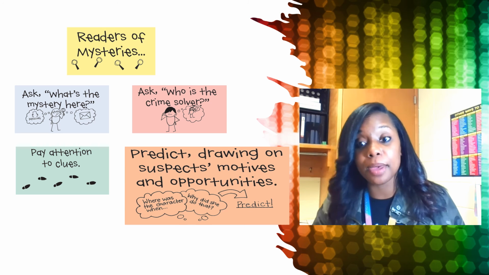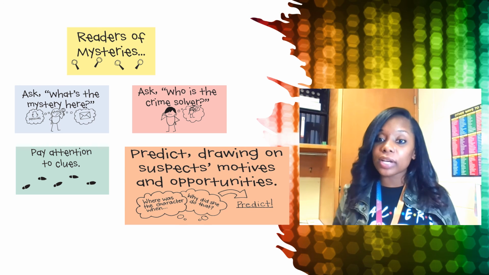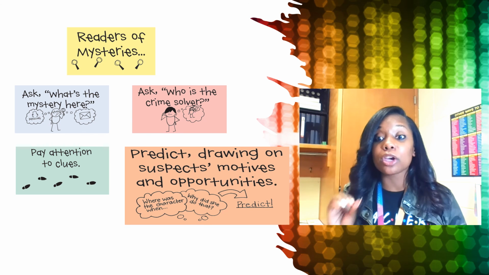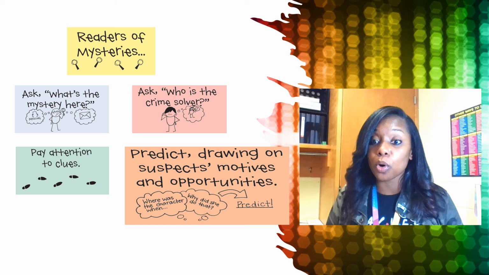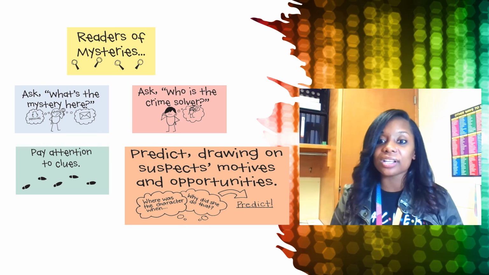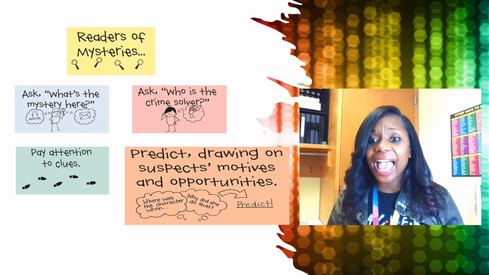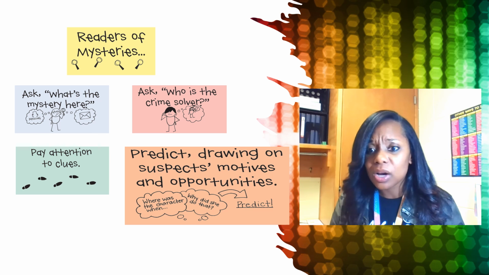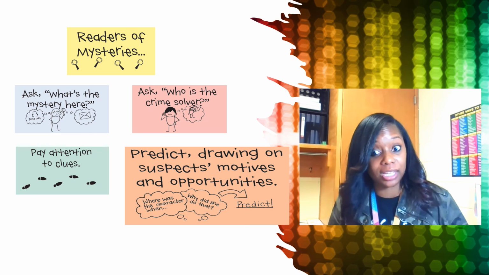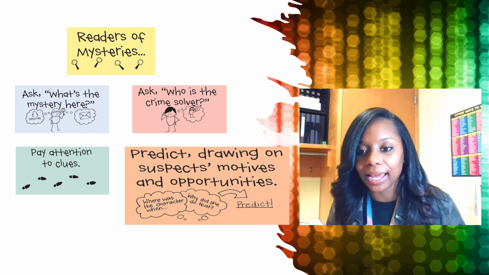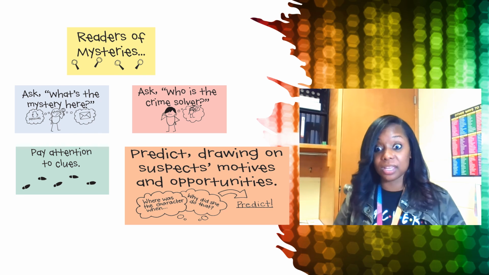I want you to remember, as we continue to read our mystery novels, we are going to continue to follow these strategies. And more important, we're drawing on suspects' motives. We're asking, what was their motivation in doing such things, and why do they want to commit these crimes?